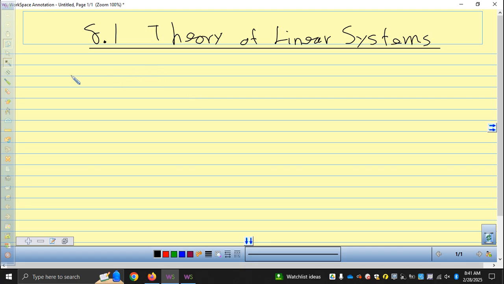So a linear system, the normal form of a linear system, and this is a first order system.